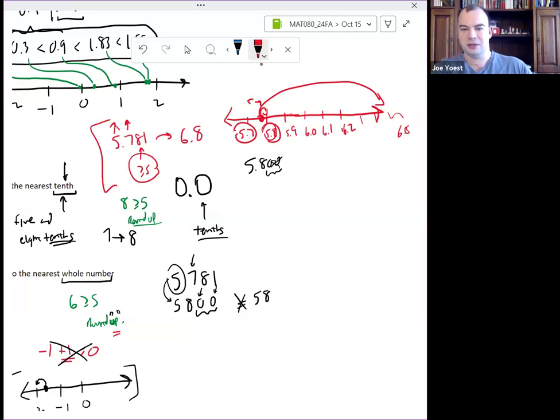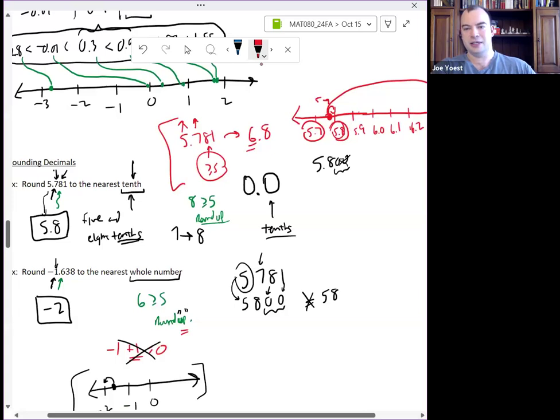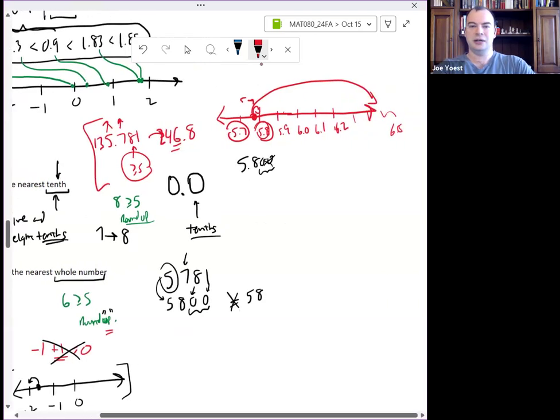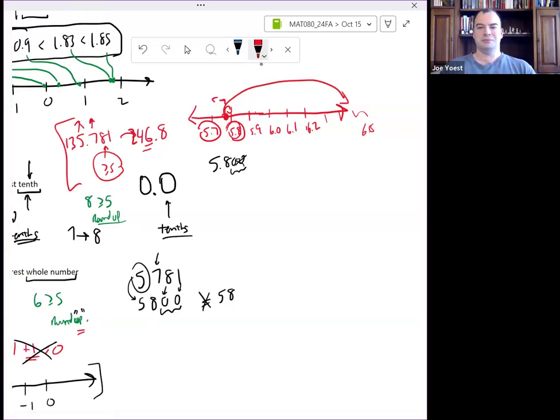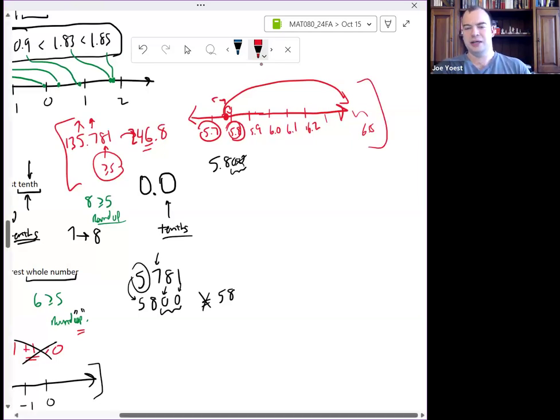But it's certainly not going to be all the way up here at 6 point something, or even worse, if I had 135.781, would I make this 246, going 100 units way further off to the right? So that's why I think that person probably just messed up.